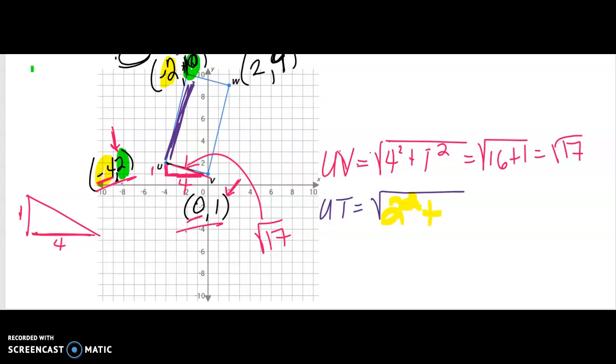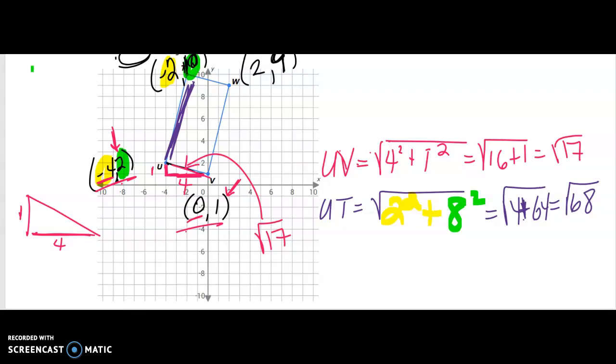From 2 to 10 is 8, so that would be 8 squared, equals 4 plus 64, which is the square root of 68.